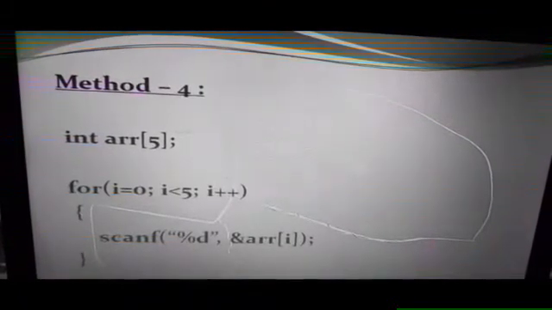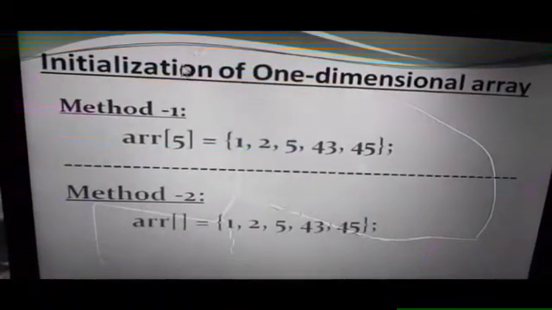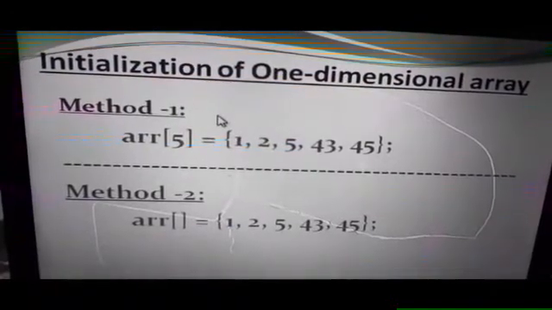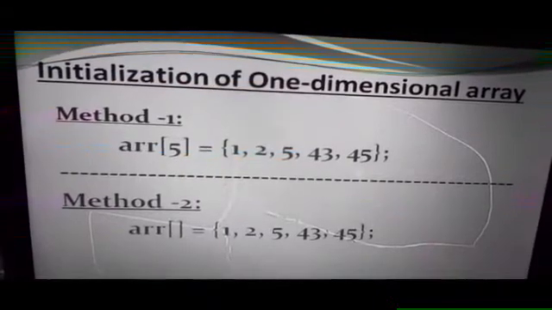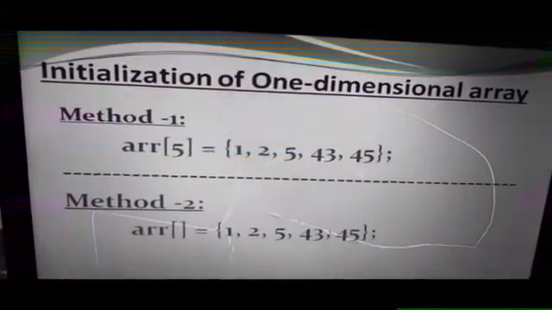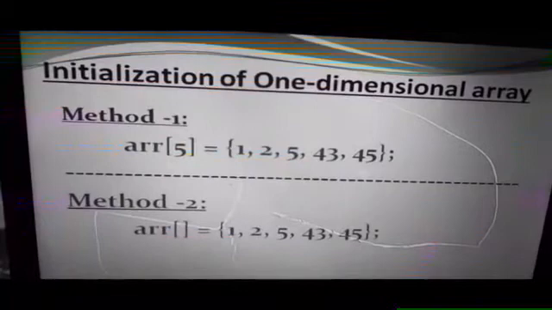It is quite cumbersome, right? That's why I will not prefer this method. Again, writing in this way, method number 1, is also not a preferred one. Instead of this, you can write in this way.